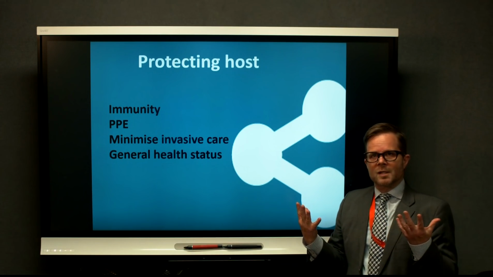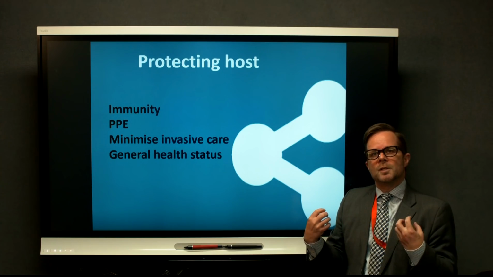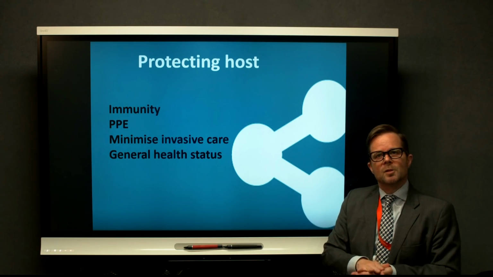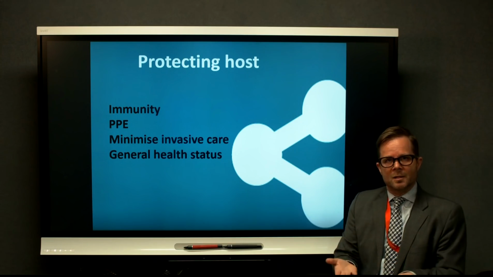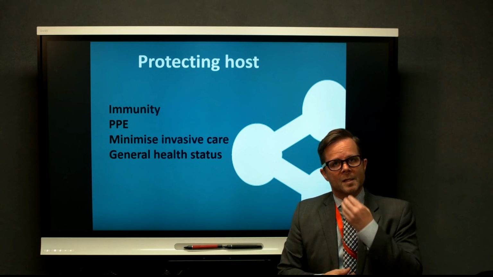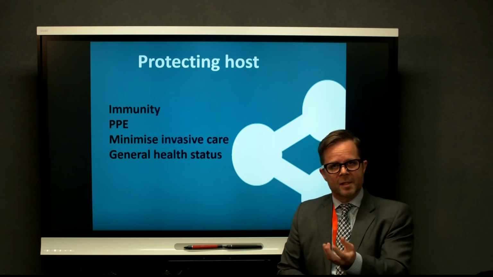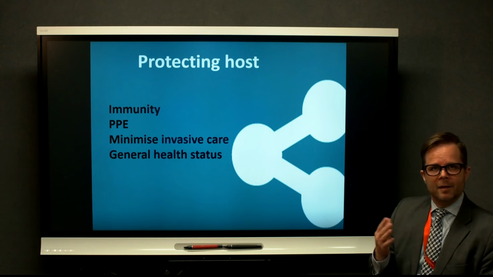So the gloves, for example, are not exclusively for our protection, they also protect the patient from transmission of microorganisms from us to them, as does the face mask. Prevents aerosol or saliva transmission from us into the patient's mouth and vice versa.